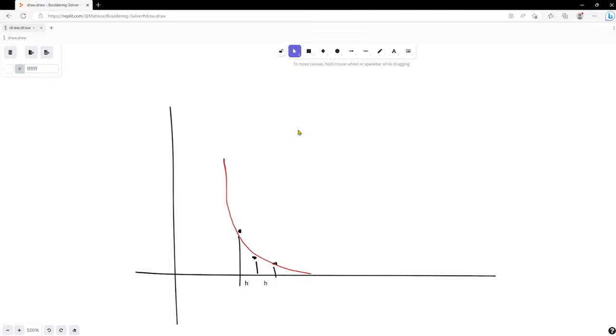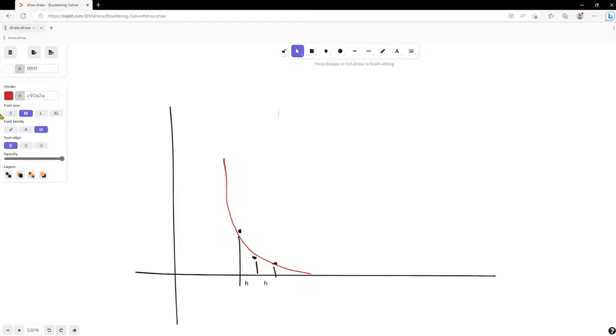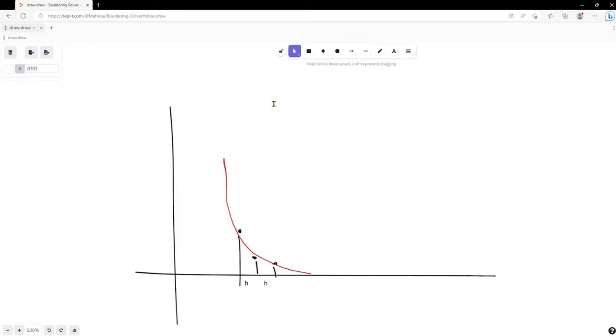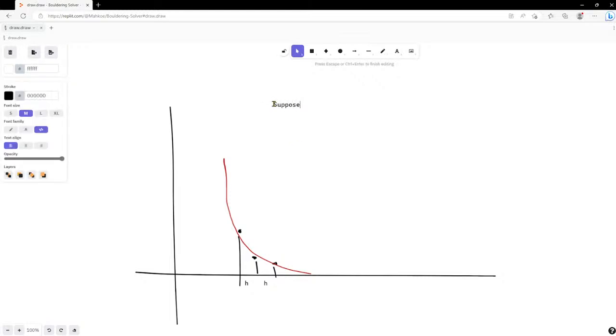So, I gotta do a little calculus here. Suppose f of x, or let's say q for quadratic of x, is equal to ax squared plus bx plus c.